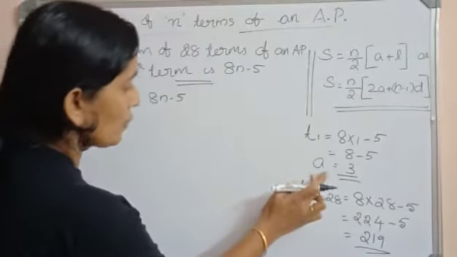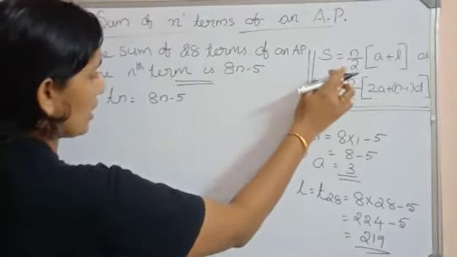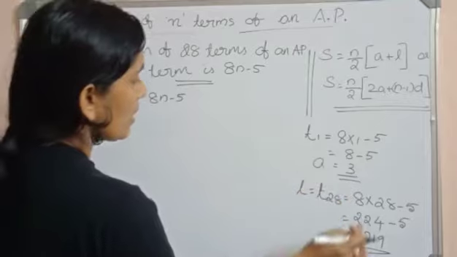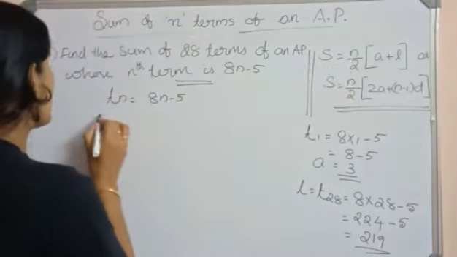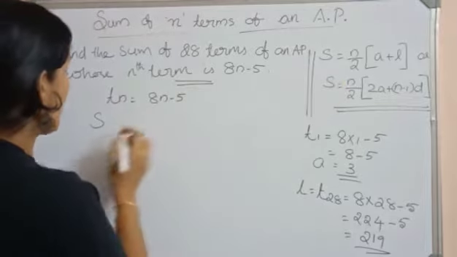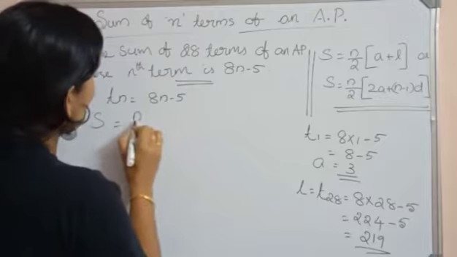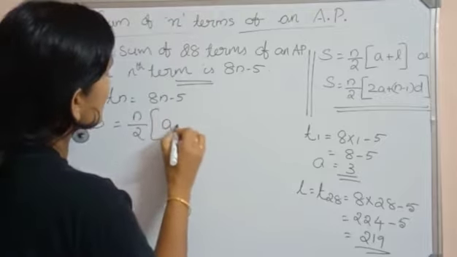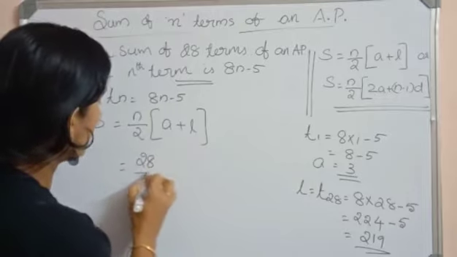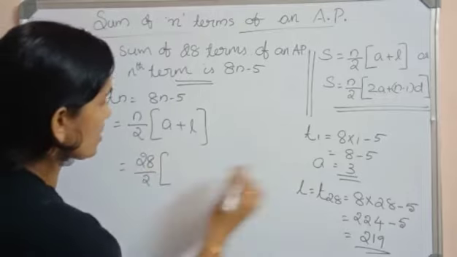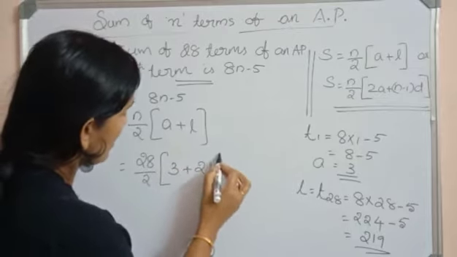Now let's substitute the value of a as well as the last term in the first formula. See here, we have the first term, last term and the value of n, so we can use the first formula. n is 28. The sum is equal to n by 2 into (a plus l), that is 28 by 2 into (first term 3 plus l, 219).